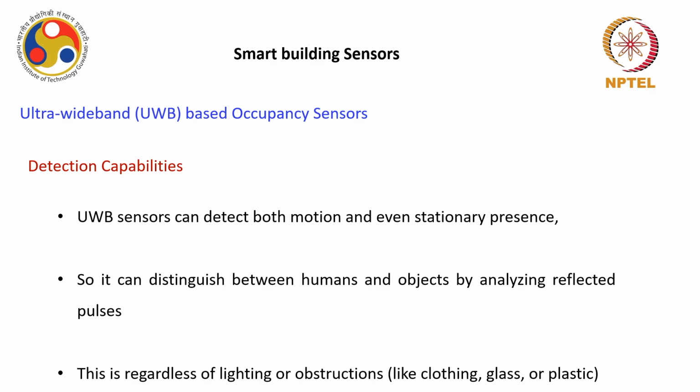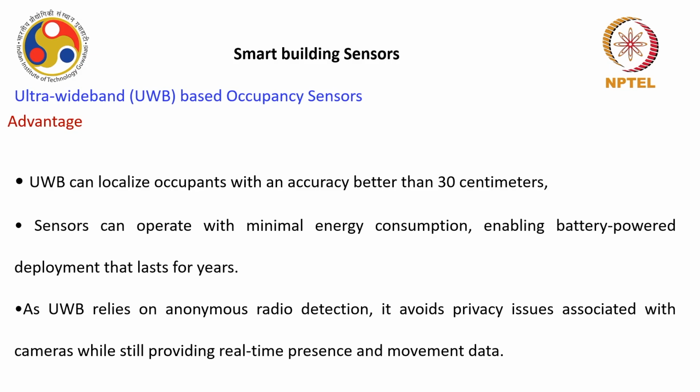Of course, it doesn't have to do anything with the lighting or obstructions in its path. So these measurements can be done in harsh conditions also. The obstructions I want to say means the cloths, the glasses or plastic wares inside the building. So it carries, of course, a lot of advantages associated with it.